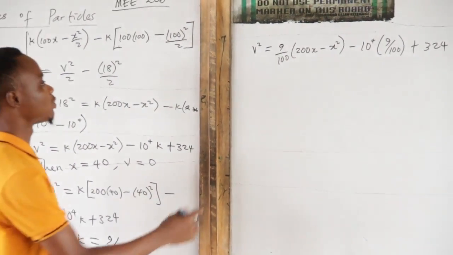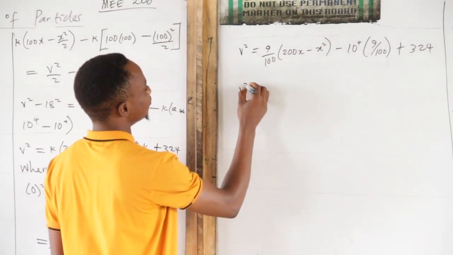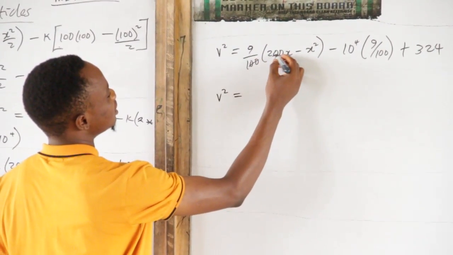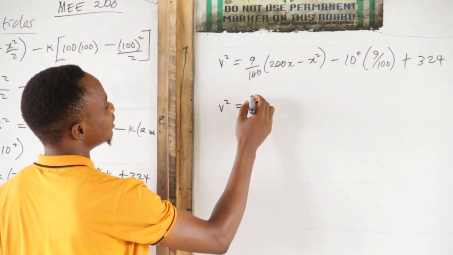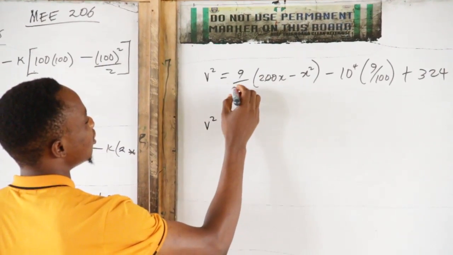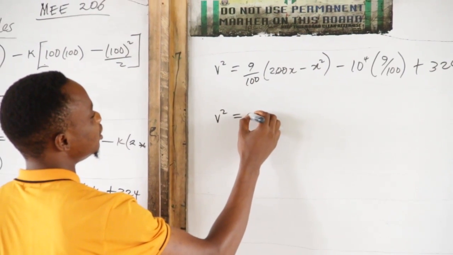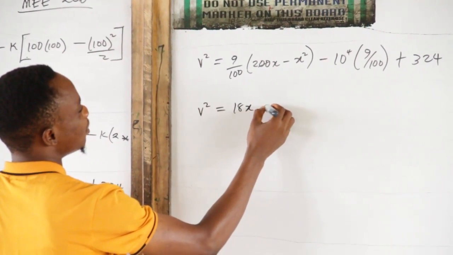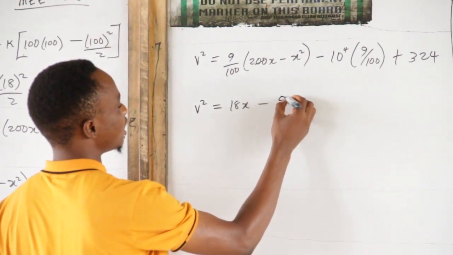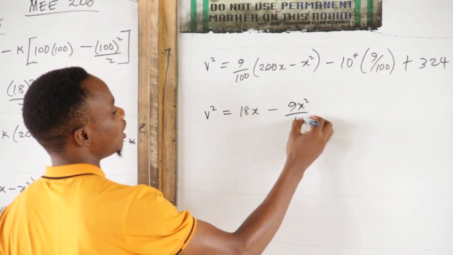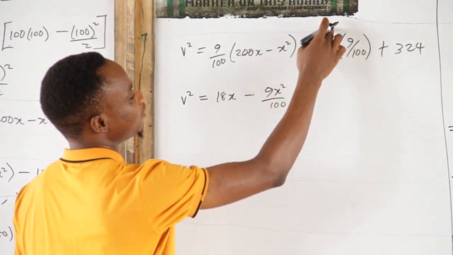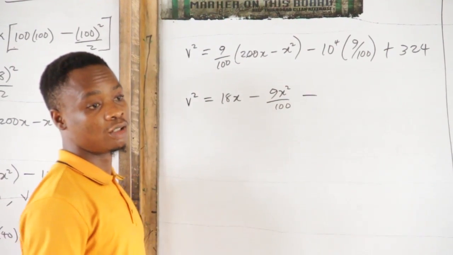So this is going to give us what? It's going to give us v squared equal to 9 over 100. So this is going to cancel this. It's going to be 18. When you open the brackets on the first one, that's going to be 18x minus 9x squared over 100 minus 9 over 100. We cancel 2 of this, Abby.